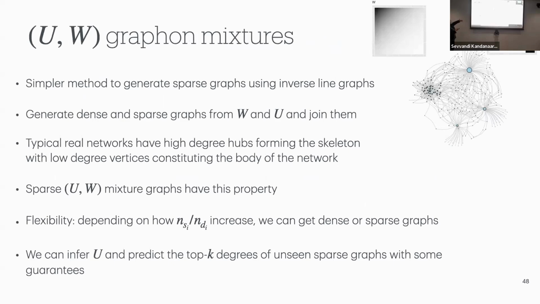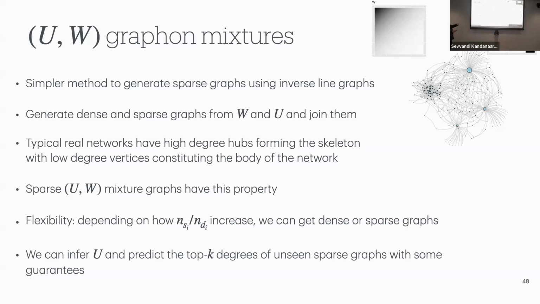So these mixtures are a simpler method to generate sparse graphs using inverse line graphs, because all the other methods were somewhat more complex because the graphon goes to zero. But using line graphs and inverse line graphs, we can generate these mixtures very easily. We can generate either dense or sparse graphs.